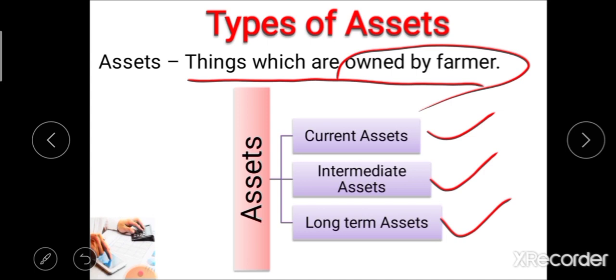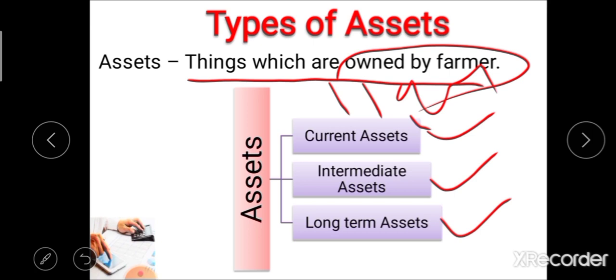This classification of asset is done on the basis of liquidity. The first type is current asset. Current assets are a very liquid form of assets, and they can be converted into cash within a shorter period of time.